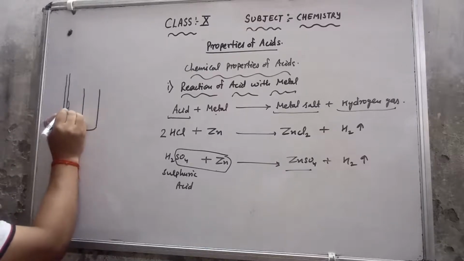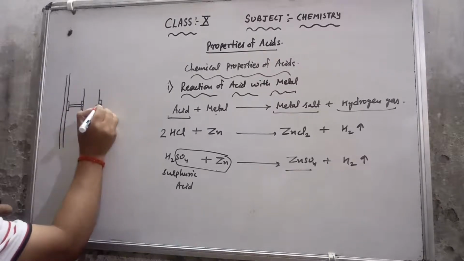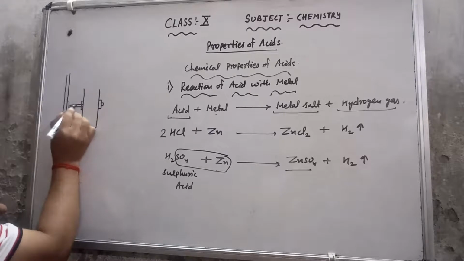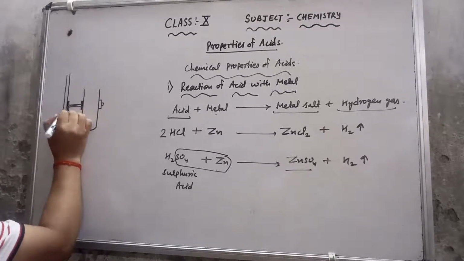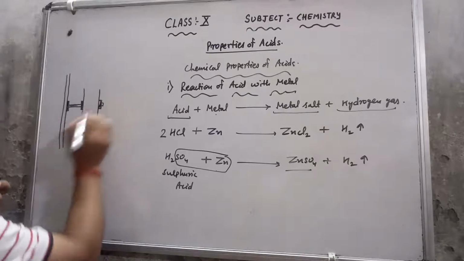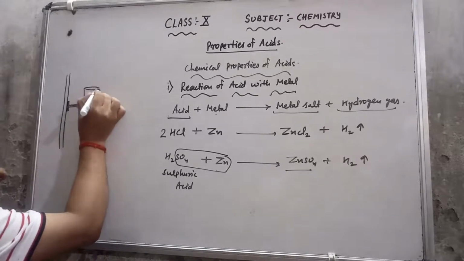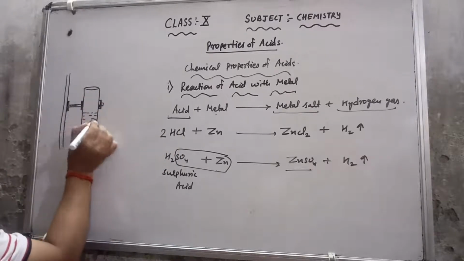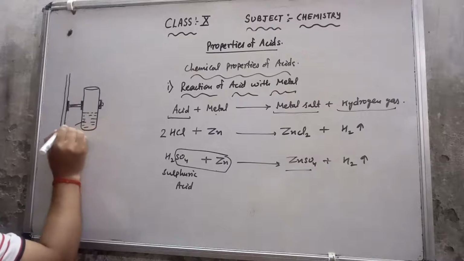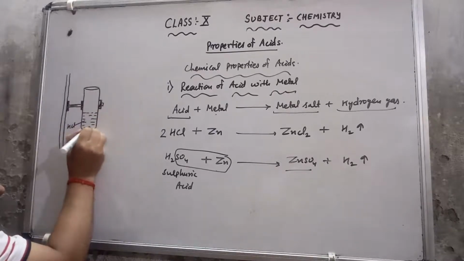This test tube is attached to the stand in this way, and in it I am keeping any acid. Suppose hydrochloric acid is available here. This is the HCl I am using, and from that side I am adding zinc metal.